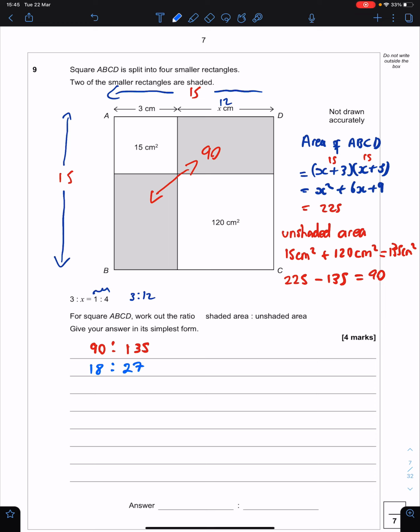Can these be divided by anything? Yes, they can both be divided by 9. So divide the 18 by 9, giving me 2. And divide the 27 by 9, giving 3. Perfect. So it's in the ratio 2 to 3. Did I get it the right way around? Shaded was 90. Yep, shaded to unshaded. So that's 2 to 3.